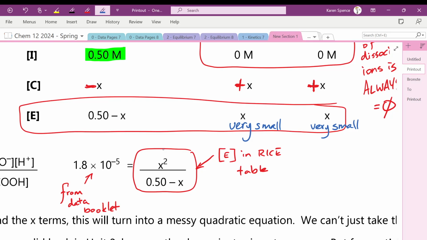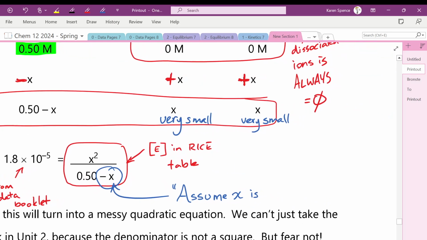So what we're going to do is write the following. We're going to write: assume x is insignificant. That means that x is too small to matter.